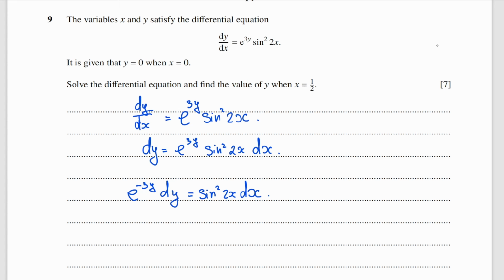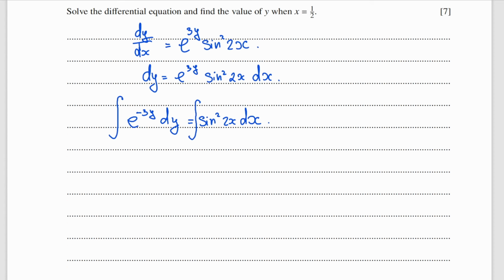Congratulations, we just separated the variables. Now that means we can integrate both sides. Now the one with e is pretty easy. The one with sine squared is quite difficult.